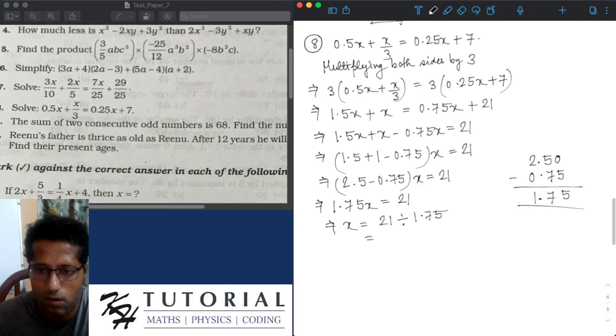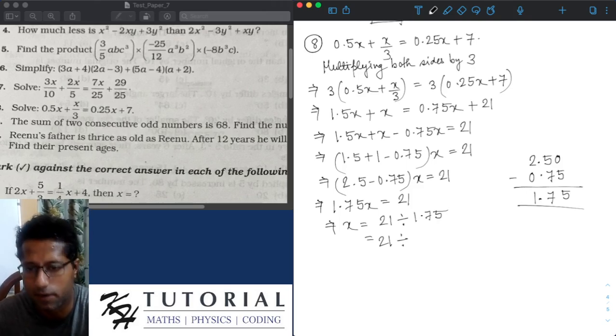Now 1.75, we can convert it to fraction form as 175 divided by 100. So now we have 21 divided by 175 by 100. This is nothing but 21 multiplied by the reciprocal of 175 by 100, which is 100 by 175.